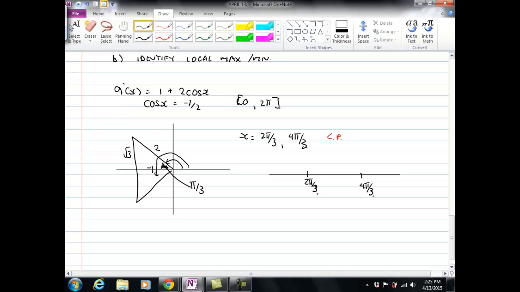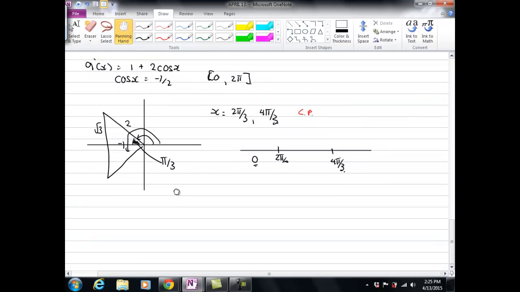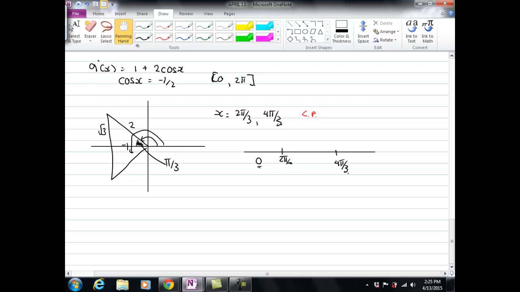Okay. Choose a number to the left of 2 pi by 3. If I were you, I'm going to choose the easiest one possible, which is? Nope, easier. 0. Now notice I'm going to sub into my derivative formula, not the original.